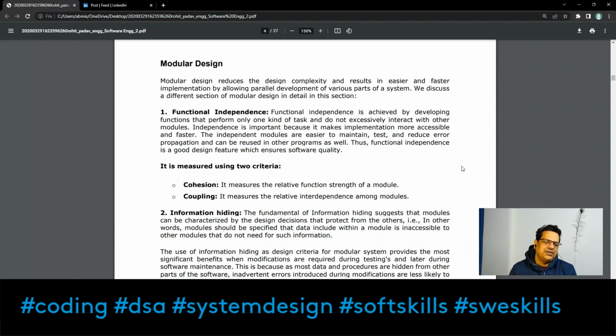Especially in object-oriented design, where you are designing the classes, how you design multiple classes inside the module, inside the component, and how they behave and interact with each other, how much cohesion in your component or system, how much coupling in your system. These factors are very important to evaluate your overall design quality.